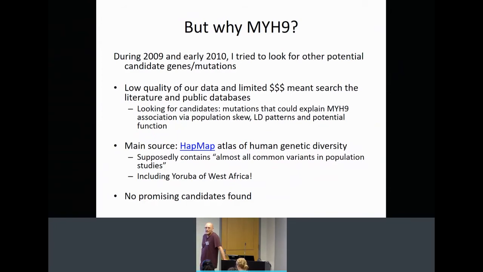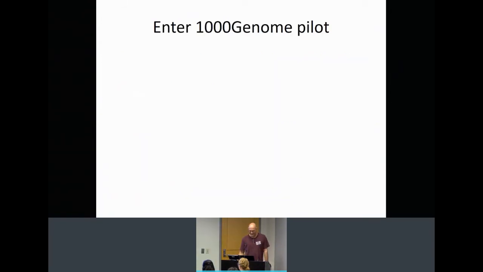And so this should be a hint, that we didn't really think all the way through then, that what you're looking for probably has zero prevalence in Europeans. Okay? So at that point, something that's well established today was only in its pilot stage, which is the 1,000 Genomes.